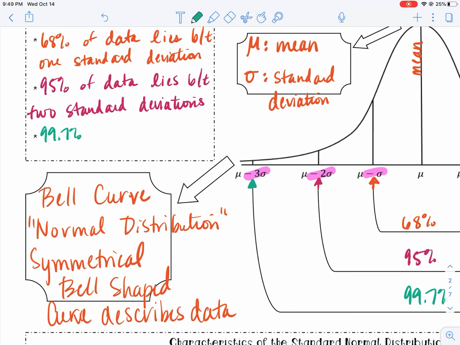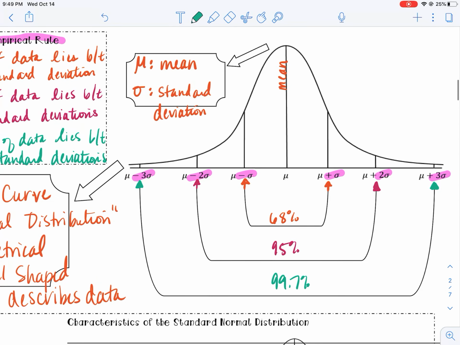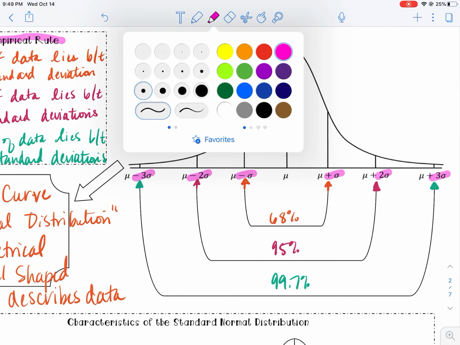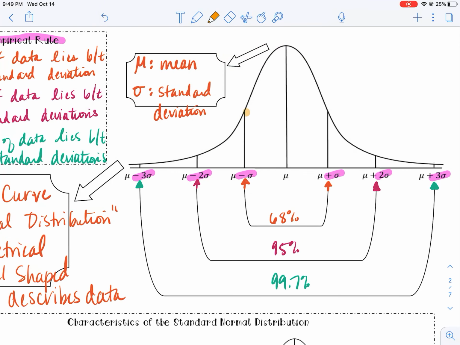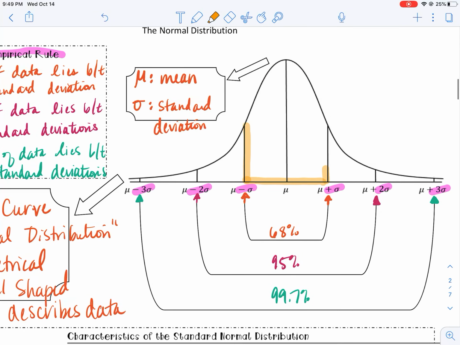So 99.7% of data lies between three standard deviations. And when we're talking about area, we are talking about all of this section, so we're talking about area under the curve a little bit.